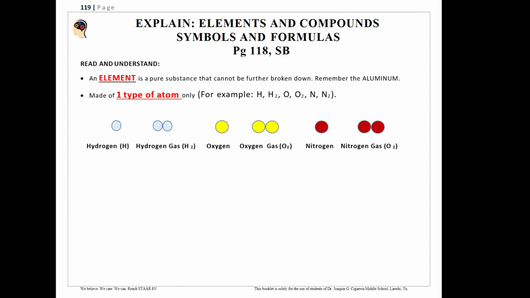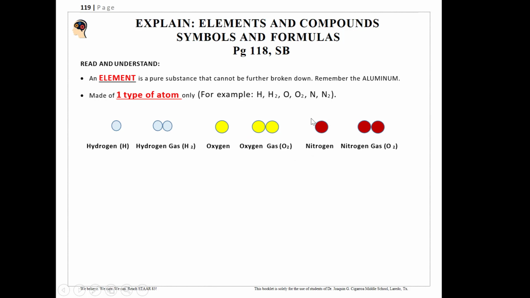For example, we've got hydrogen, and we also have hydrogen gas, which is made up of two of the same atom of hydrogen. And then we also have oxygen, and oxygen gas is also considered an element because it is made up of one type of atom.